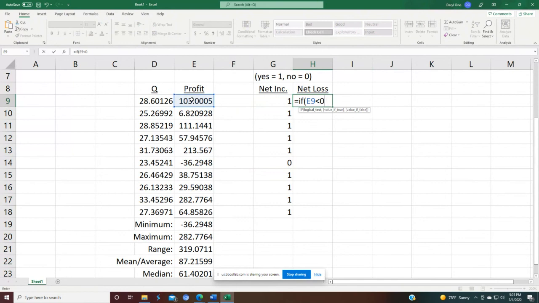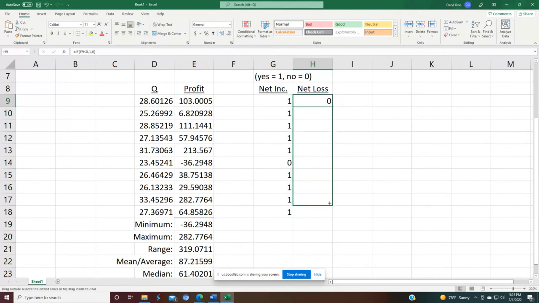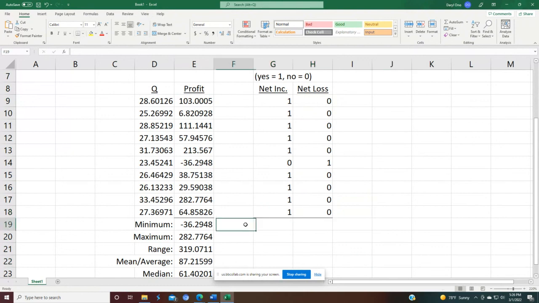You put comma 1, else 0. Okay, let's copy it down. And we see here, we have 1 net loss.